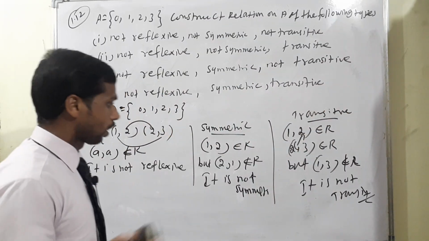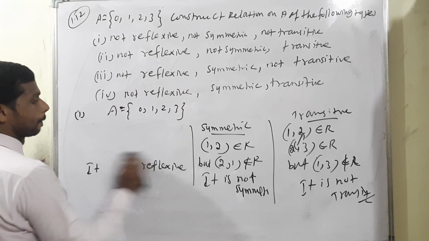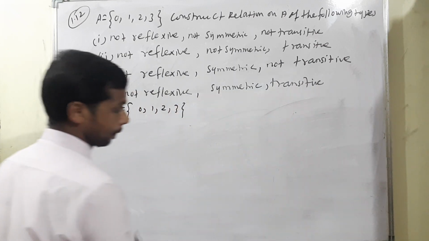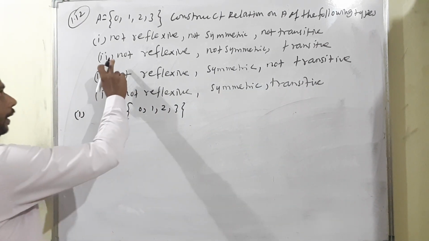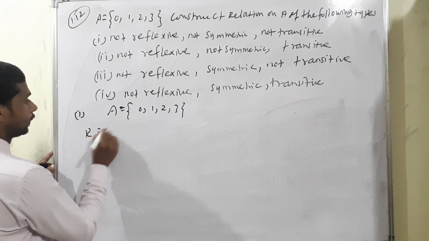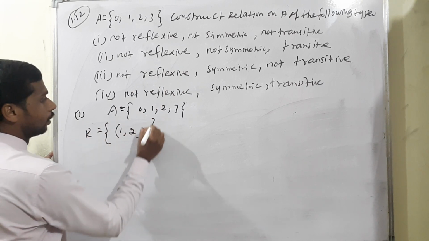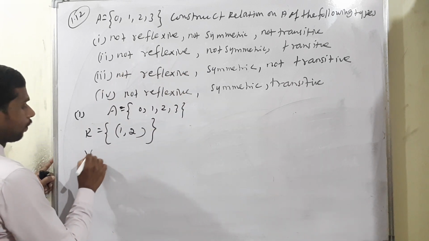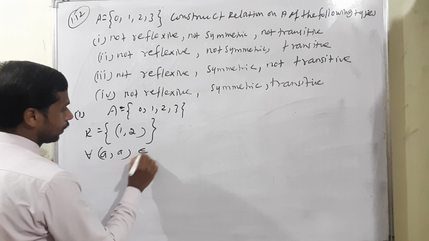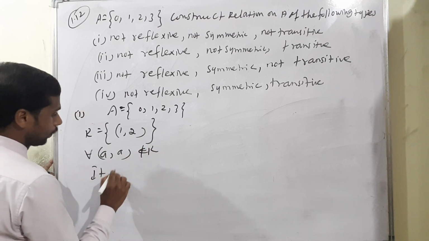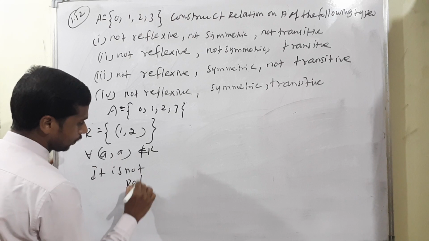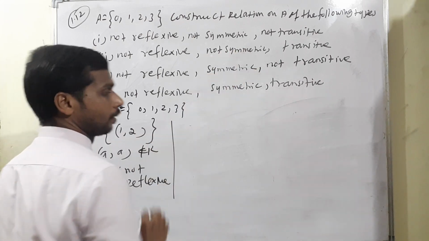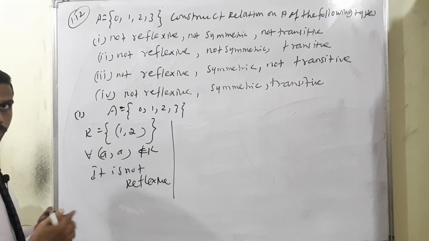Subdivision 2. Again not reflexive. Same condition, okay, 1 comma 2 only. Not reflexive means definitely we can say (a, a) does not belong to R. Therefore, it is not reflexive. Second one, not symmetric. Is 2 comma 1 available? There is nothing.